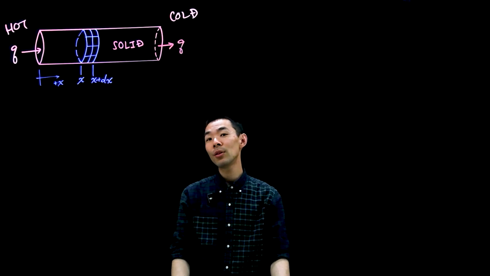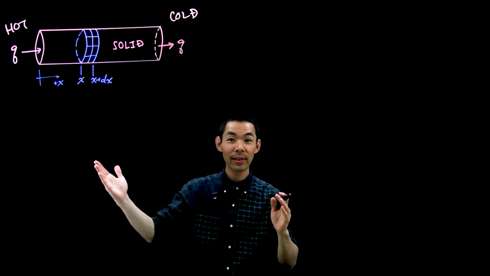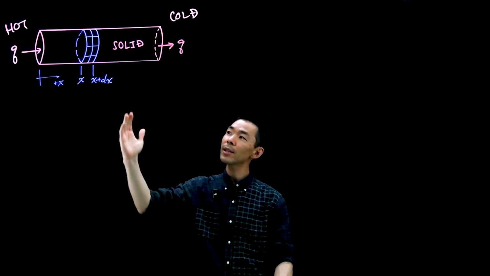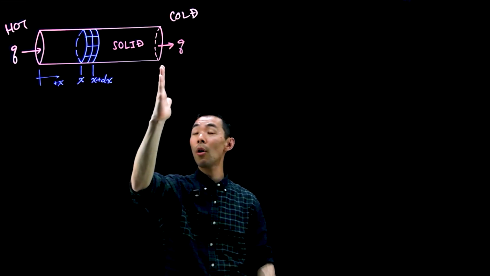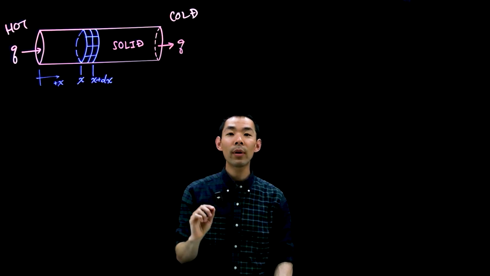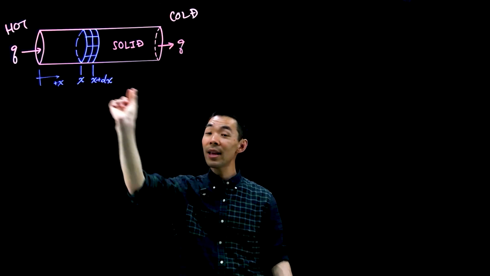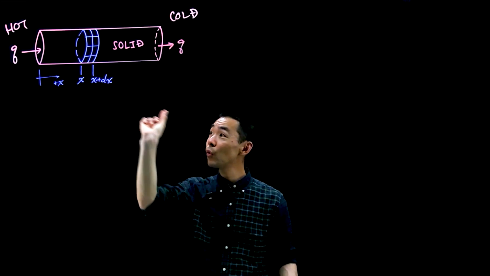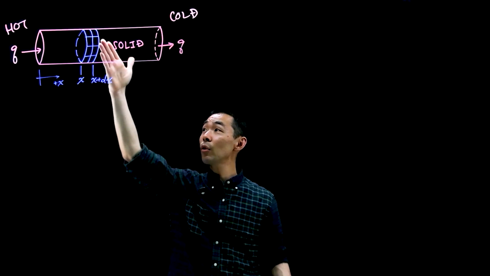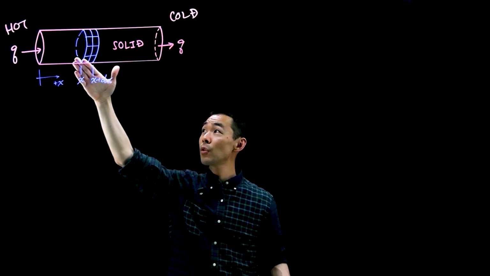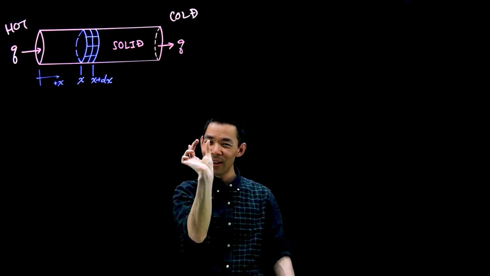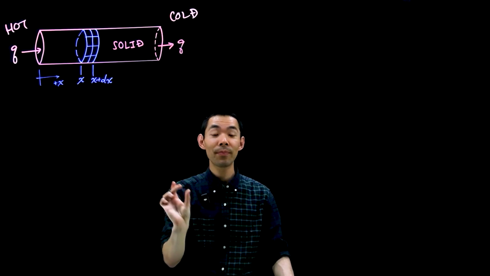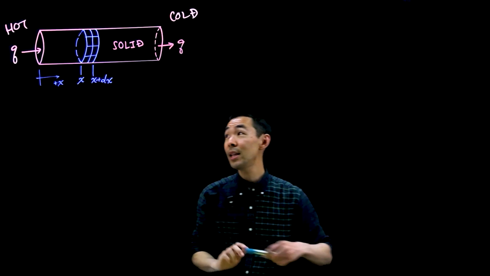Now we'd like to do an energy balance on this material. But as opposed to doing the balance on the entire material, going from 0 all the way to the length L, we're going to do the balance on a thin shell. And that's what I've drawn in blue. I've created a little cross section shown right here, and I've cropped out a small little section, a shell of thickness dx.